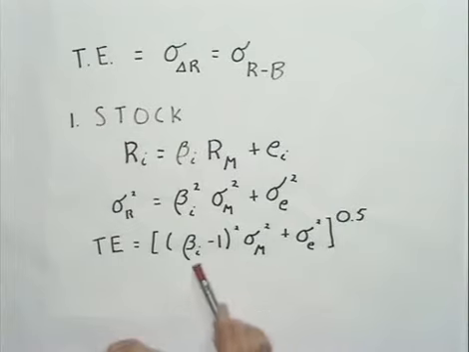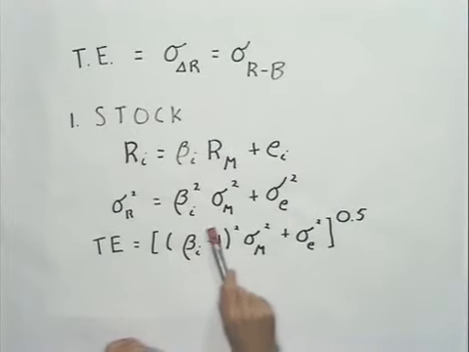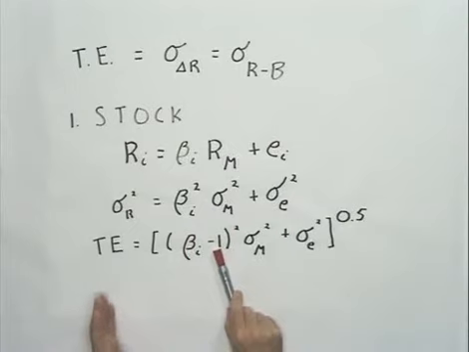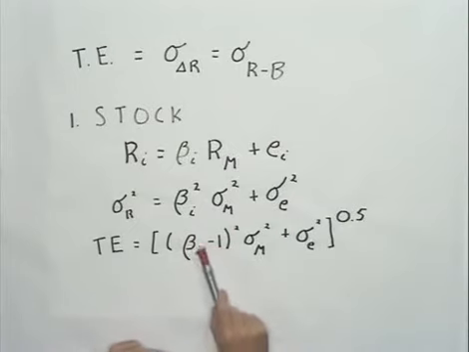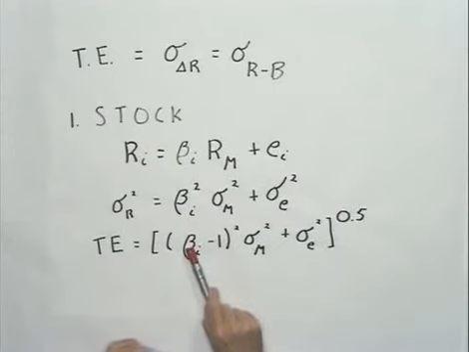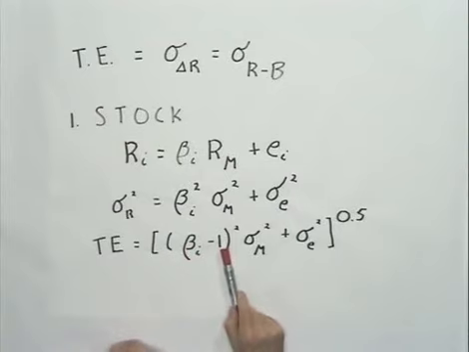So here we're picking up the beta difference of the portfolio that we're tracking the error for in relationship to the market. We would use the actual beta of the portfolio we're tracking minus the beta of the market, which by definition is equal to 1.